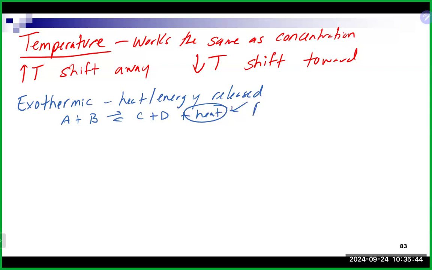So we consider it to be a product, which means if you have an exothermic reaction and you increase the temperature, it will shift away. So it will shift to the left in this case. And if you have an exothermic reaction and you decrease the temperature, you put everybody on ice, all your test tubes on ice, it will go towards the product side in this case, as heat is considered, not perfect in all aspects of it, but considered basically a product.